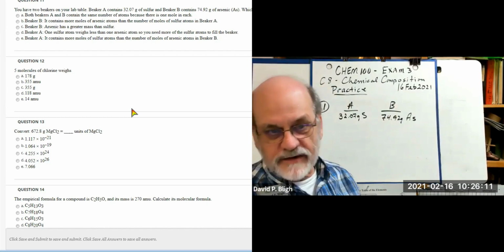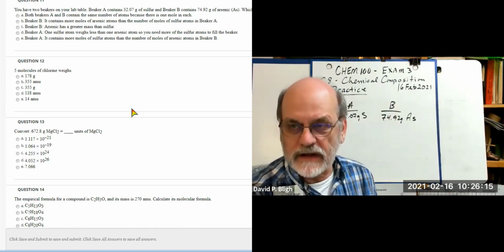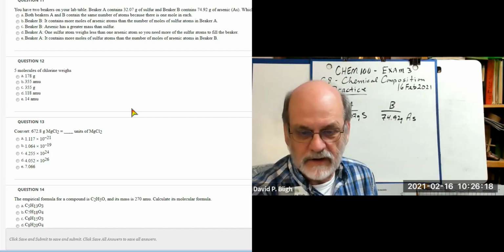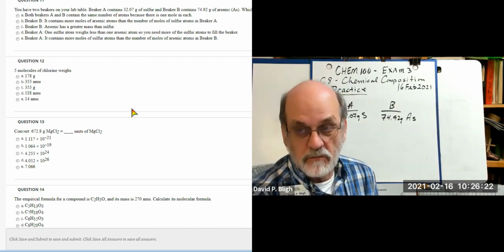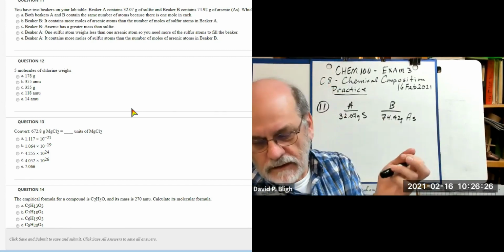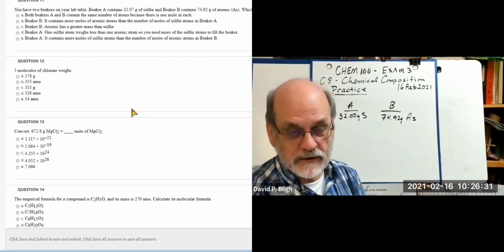Which one has the most number of atoms? So you really only need to know counting, right? You don't have to know exactly the number of atoms. We could find out the number of moles, and that would satisfy the answer to the question, which has the most?